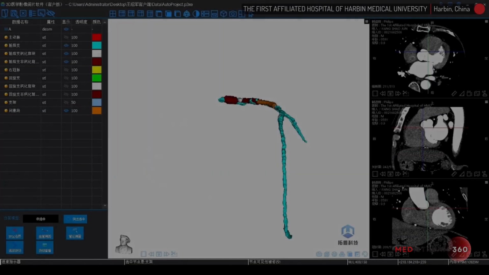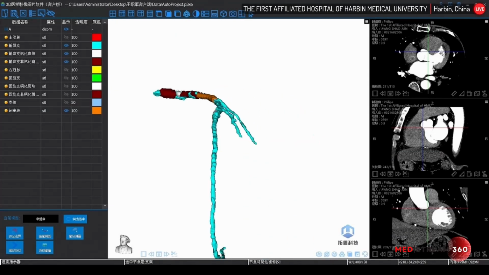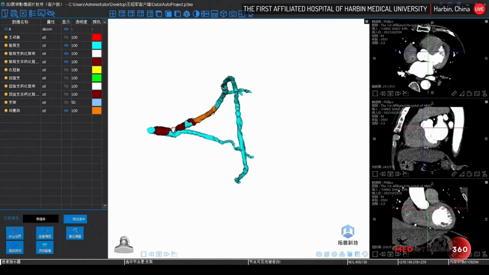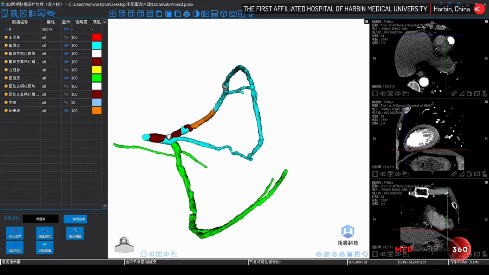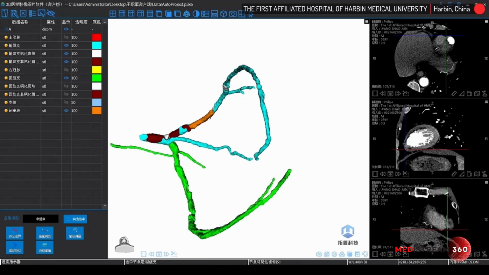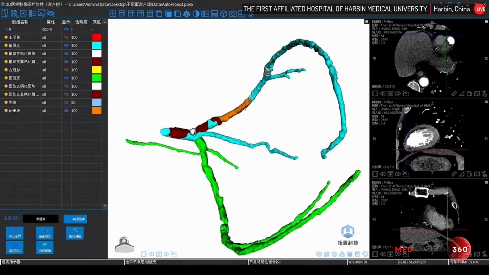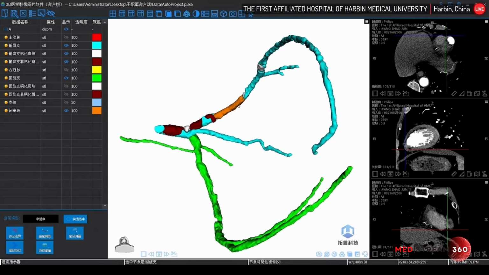At the proximal junction part, shall we call back the circumflex? Okay, the circumflex is there. I think the tough spot for this patient is that this is a blunt tip, totally occluded, and it is hard to tell where the entry point of the proximal part of the LAD is. From the CTA, we can see a very blunt tip, totally occluded at the proximal part.